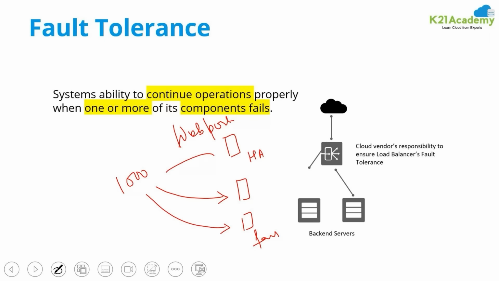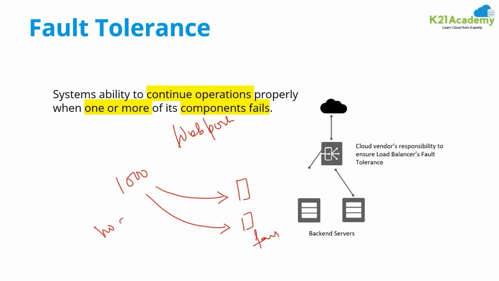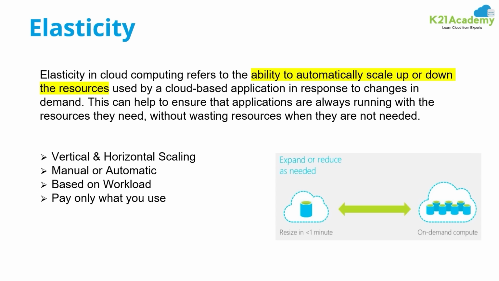If one of the machines goes down, never mind, the 1,000 users will be distributed on these two machines. That is what fault tolerance is. No downtime. So then you have to make the system fault tolerant. Obviously it will be more expensive as compared to high availability.